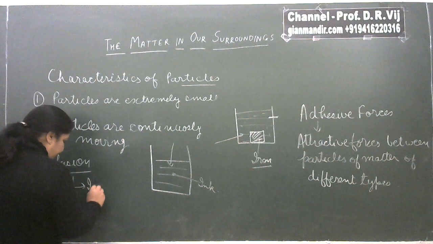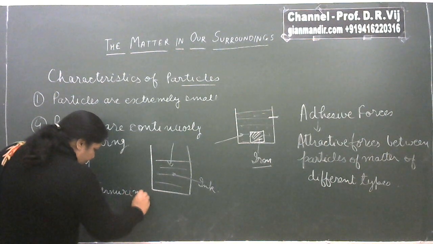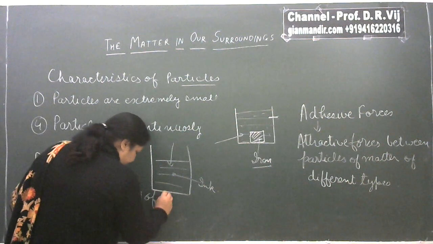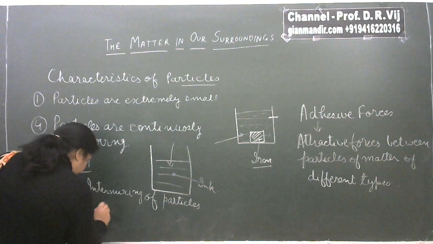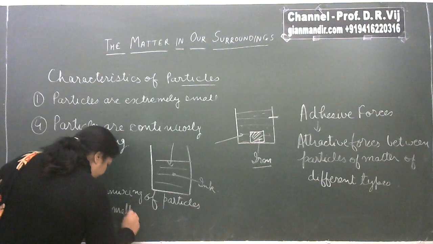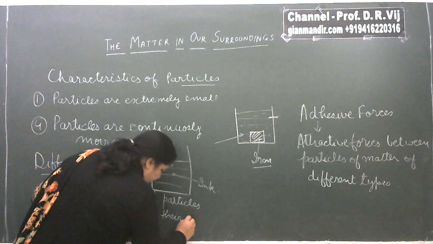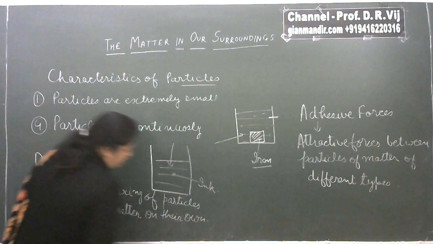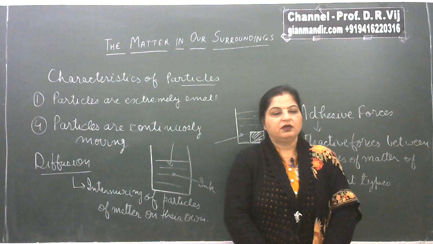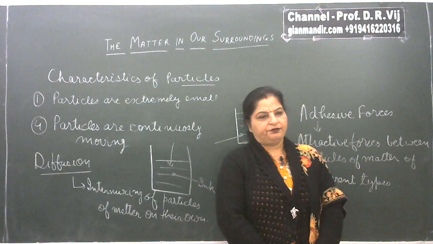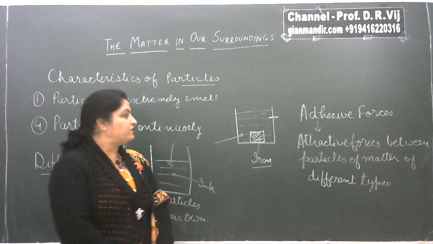Diffusion can be defined as intermixing of particles of matter on their own. So this property of intermixing of particles on their own is known as diffusion, right? So these all are the properties or characteristics of the particles of matter.